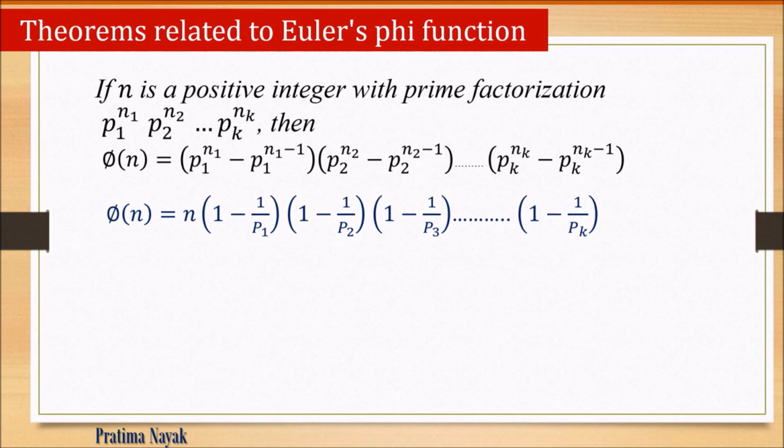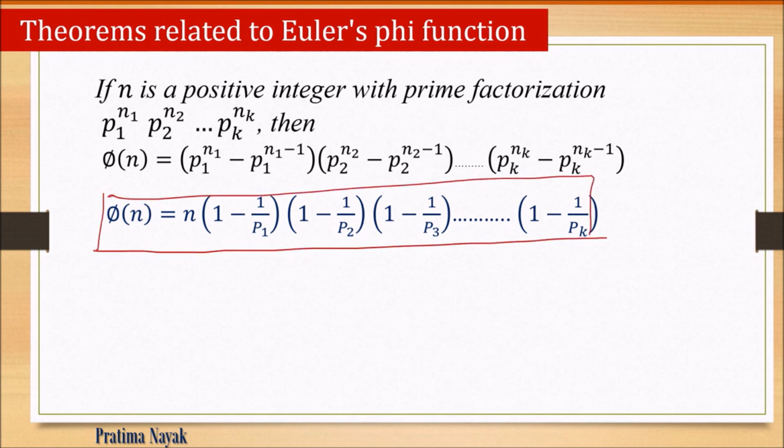If I take n common, we can write phi of n equals n into 1 minus 1 over p1, 1 minus 1 over p2, 1 minus 1 over p3, and so on. This is simpler than the earlier formula. It is the derived formula, and most of the time we use this formula.